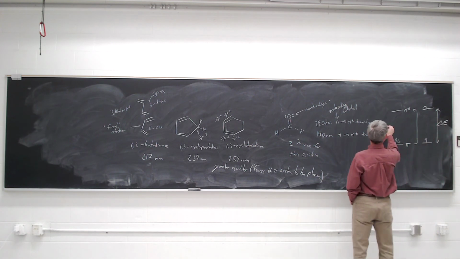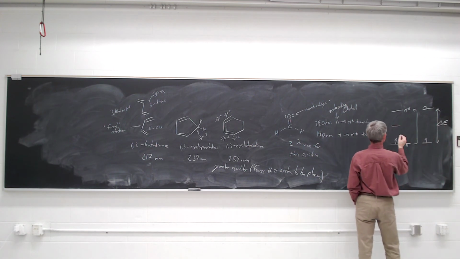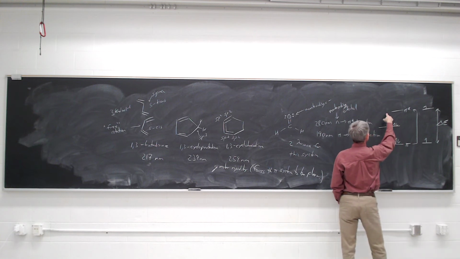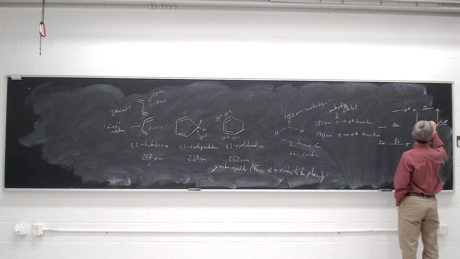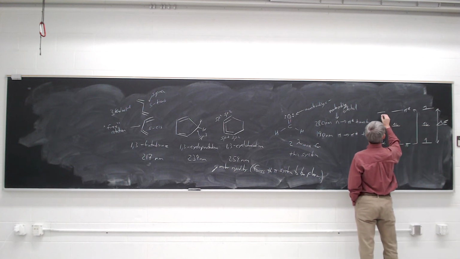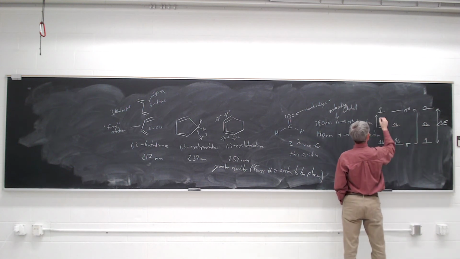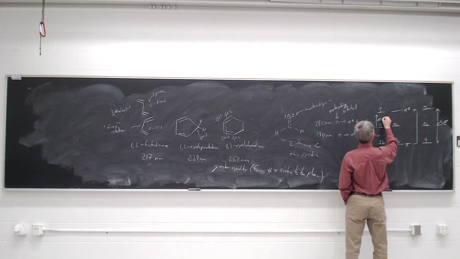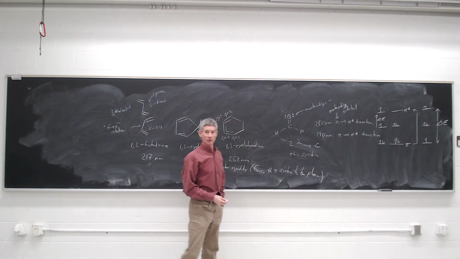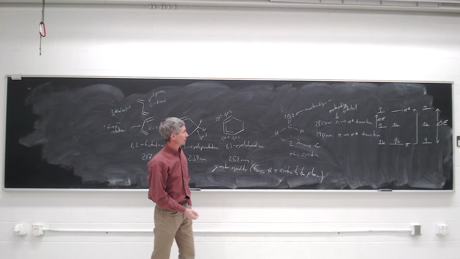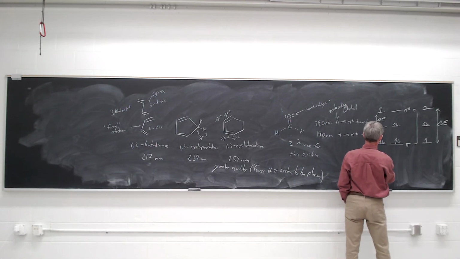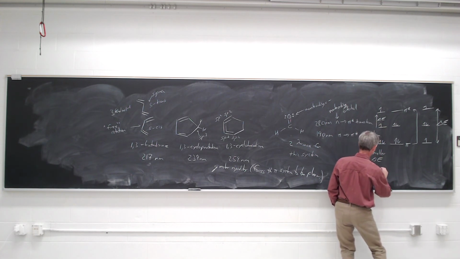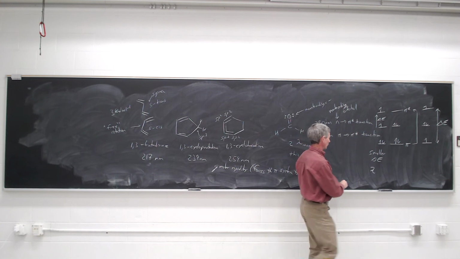But we also have the possibility of electrons being promoted from the n to the pi star orbital with a different energy gap. The non-bonding orbital is higher in energy than the pi bonding orbital, so this delta E is always smaller. Which means that there's going to be a larger wavelength.